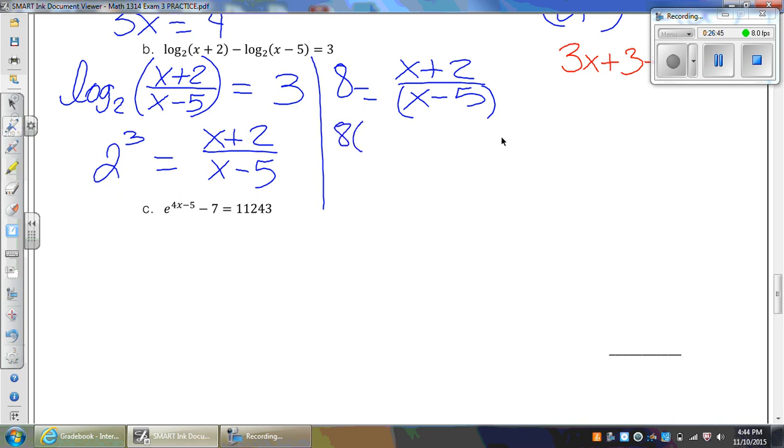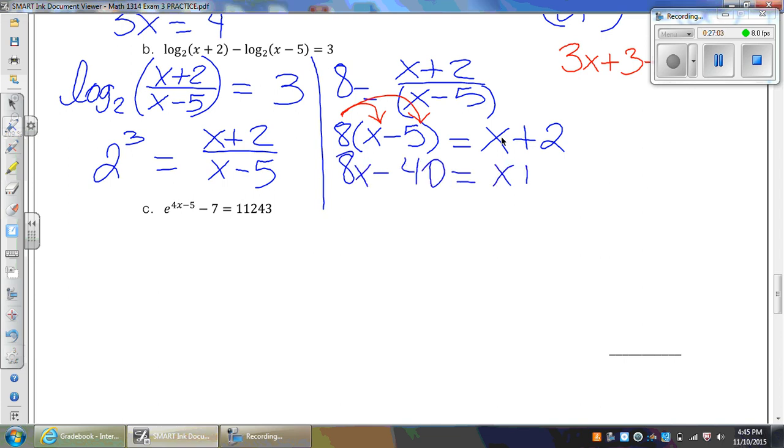But please make sure you multiply both x and negative 5 by 8. And here I have x plus 2. Here you must distribute the 8, so 8 times x, 8 times negative 5. So that will be 8x minus 40 is equal to x plus 2.